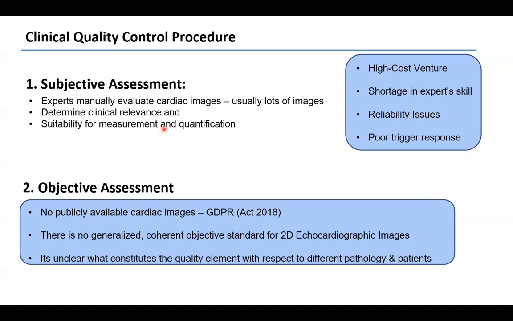The second problem, however, is that there is no generalized, coherent objective standard defined for two-dimensional echocardiographic images. We have to come up with one. Lastly, it's unclear to experts what constitutes the quality of an element with respect to different pathologies and varying patients' needs.